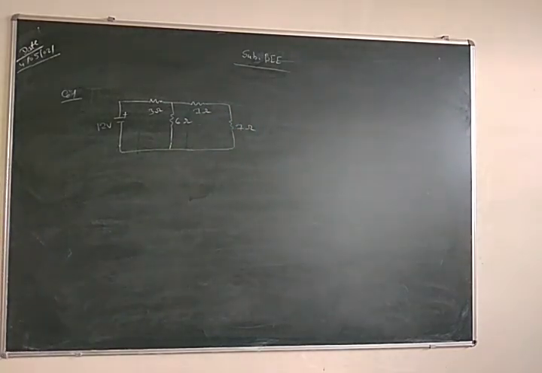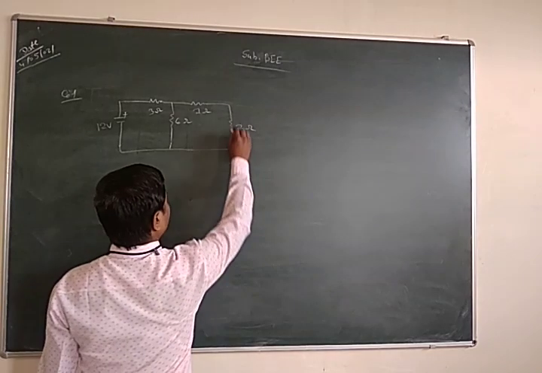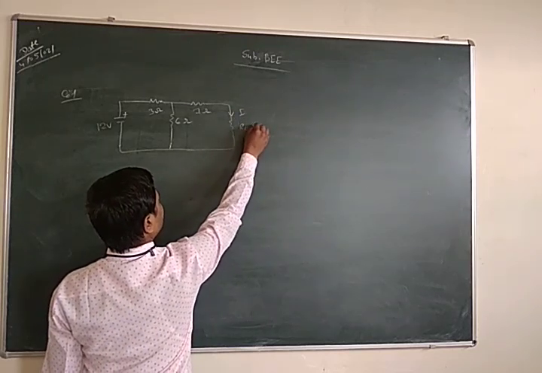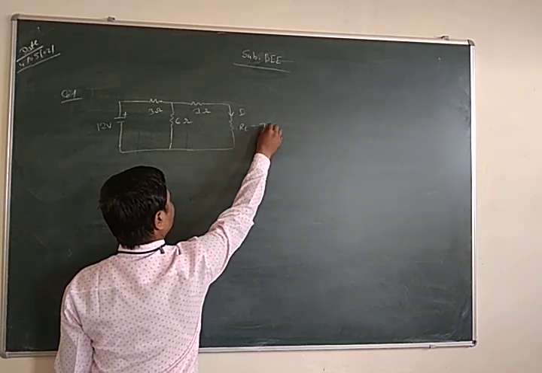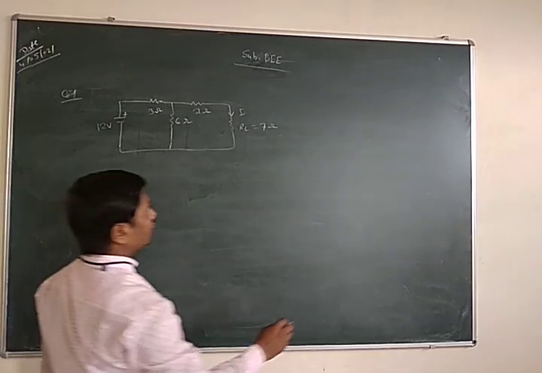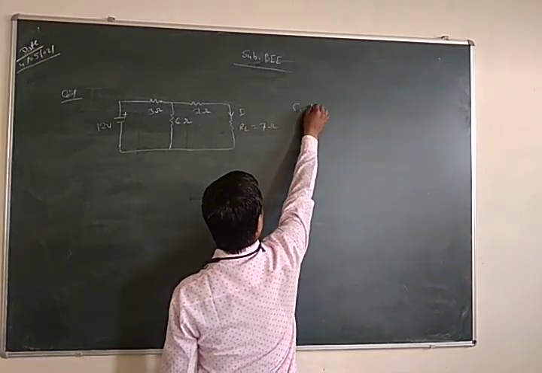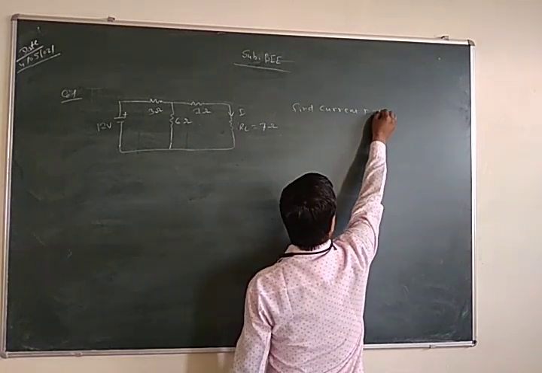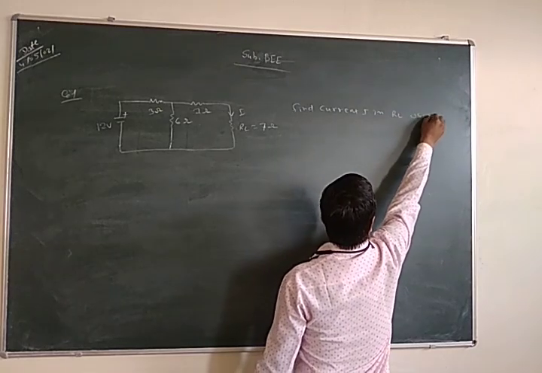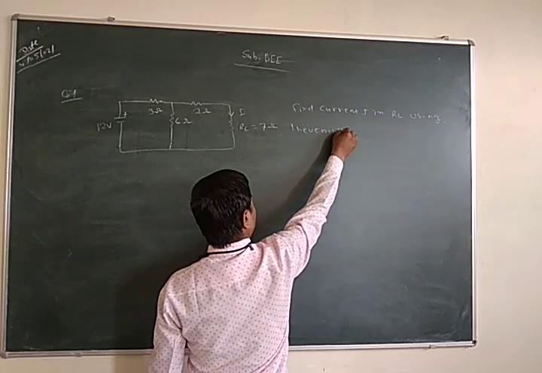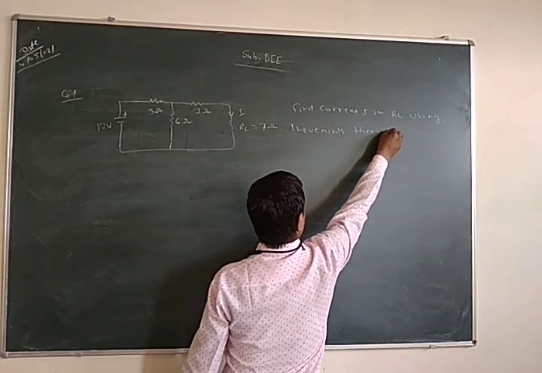In this question, we have to find the value of current in the 7 ohm resistance. We consider it RL equal to 7 ohm, and find the current I in RL using Thevenin's theorem.